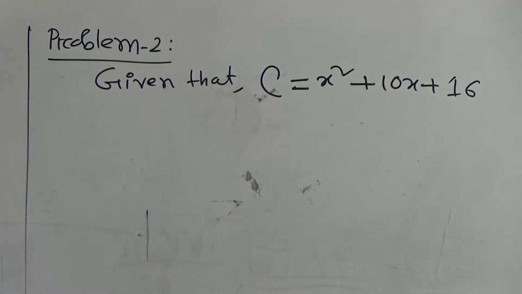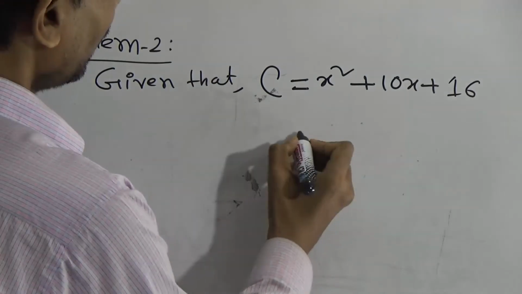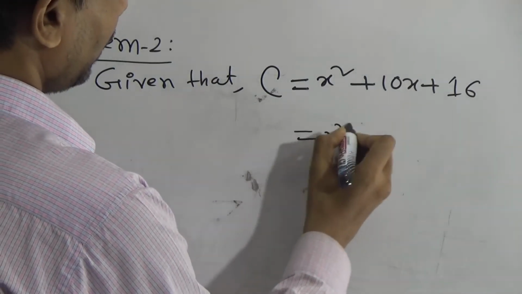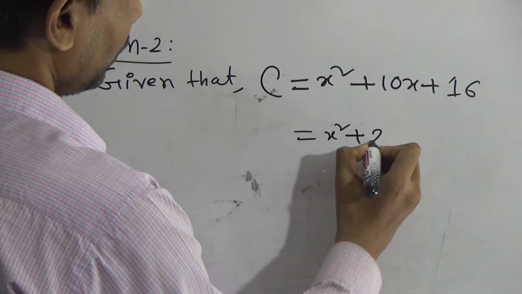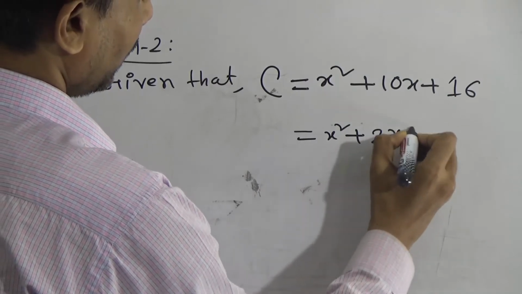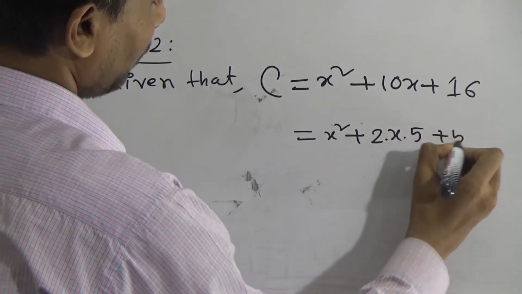Now you have to write this as the difference of two squares. Look, can you write it this way: x square plus 2x into 5 plus 5 whole square?